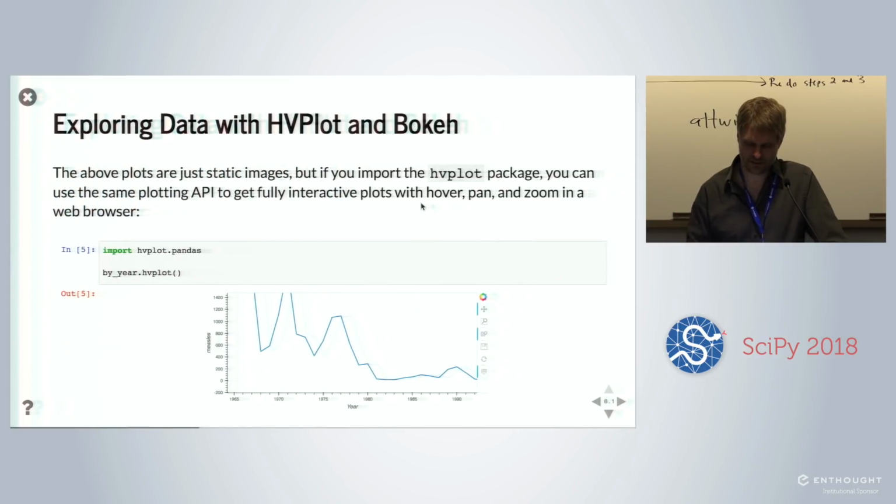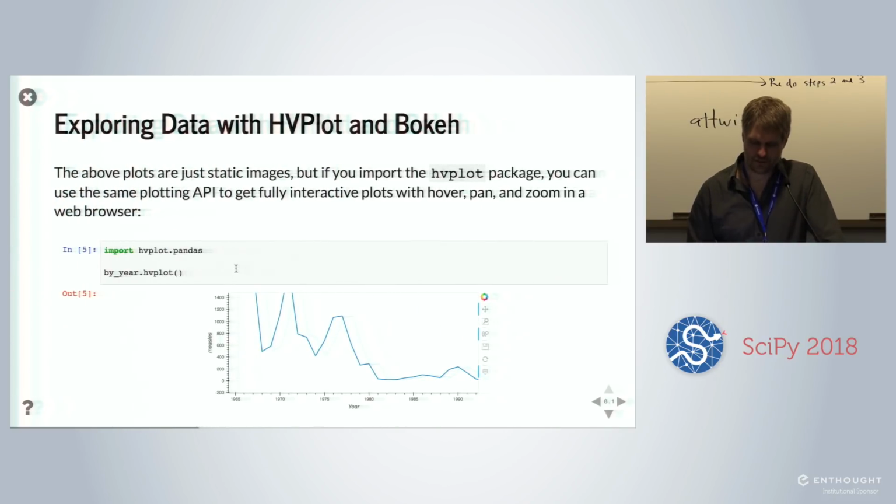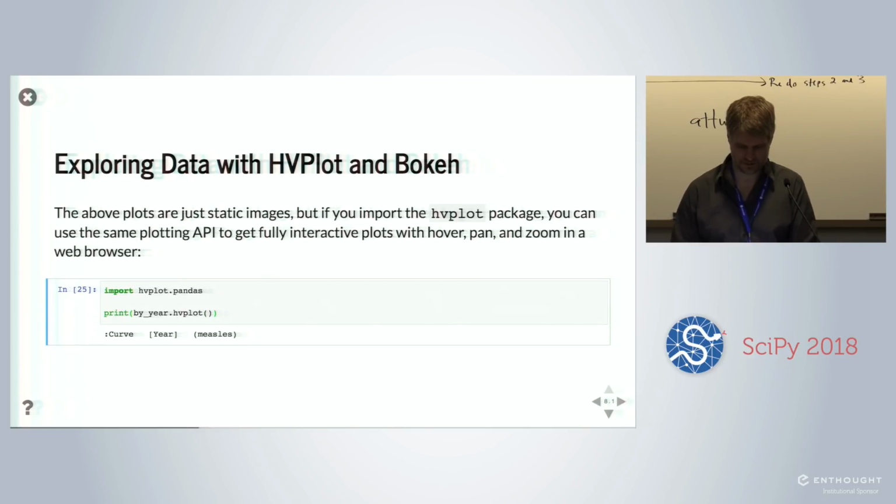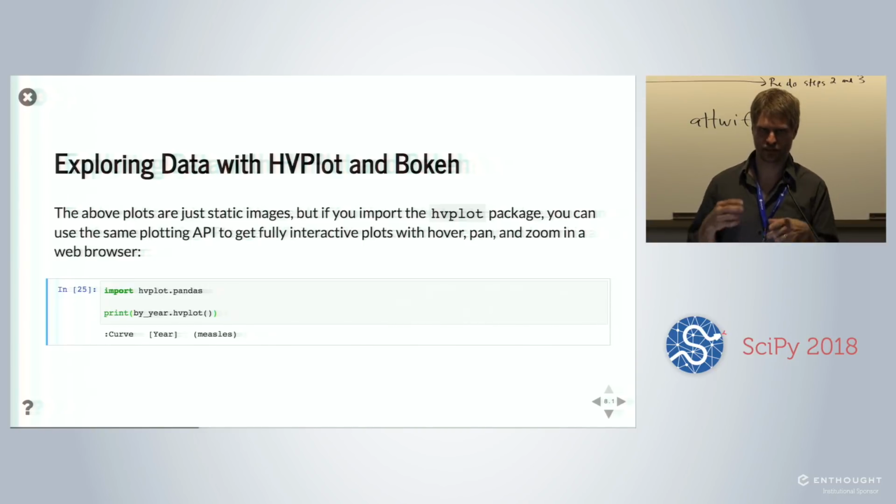What this plot is here, let's just print this. This is not an image or a plot in any way. This is a declarative object that when Jupyter goes to try to display it, there is a way to display it as a plot. But this is actually your data.